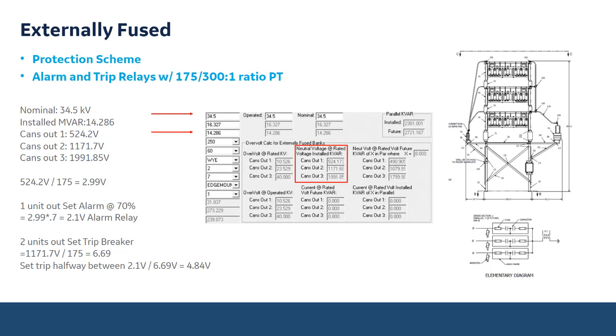So we take the two cans out at, we talked about before, 1171 volts divided by 175 equals 6.69, and I set that trip halfway between my first alarm, which was 2.1 volts, and the 6.69, so I set the second point at 4.84 volts, and at that point the breaker trips, protecting the rest of the capacitor bank.